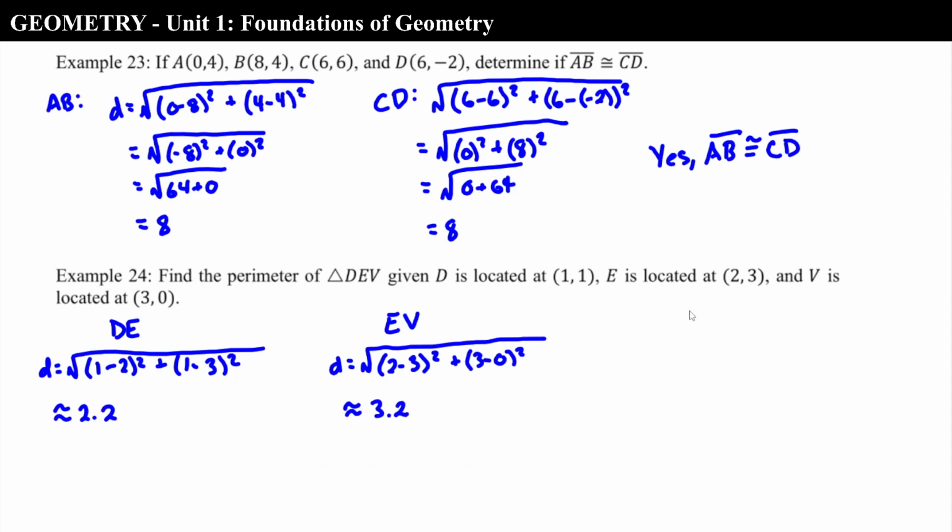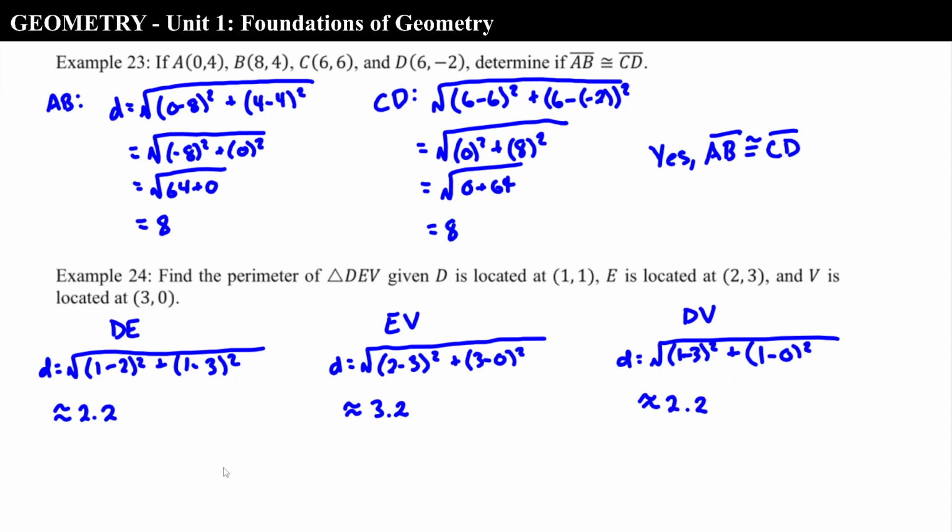And then finally, DV. The distance of DV, we can just do 1 minus 3 squared plus 1 minus 0 squared. Again, use your calculator, you find it's approximately 2.2.